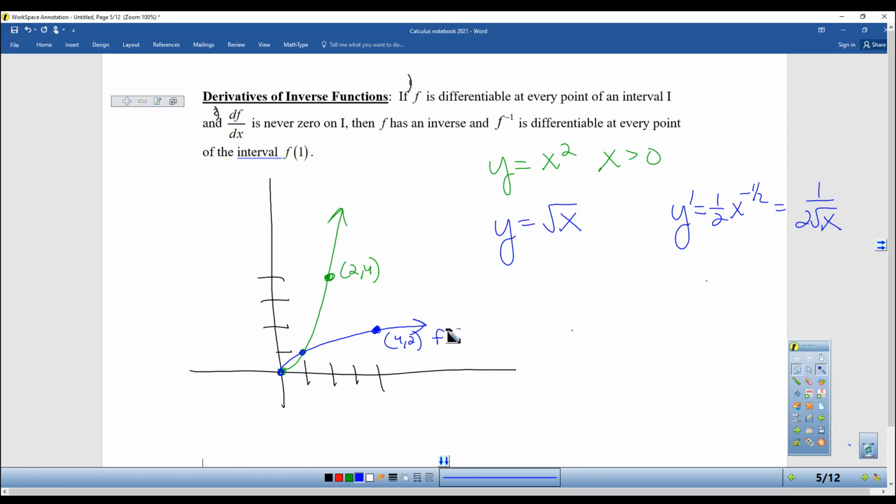That means that the slope at 4 is equal to 1 over 2 times the square root of 4, which is 1/4. The derivative of the parabola is 2x, which means that the derivative at 2, so I consider these 2 points to be the ones that match up, even though I'm not calling it 4, I'm doing the derivative at 2, is equal to 4. Do you see a relationship between these two? They're reciprocals of each other.